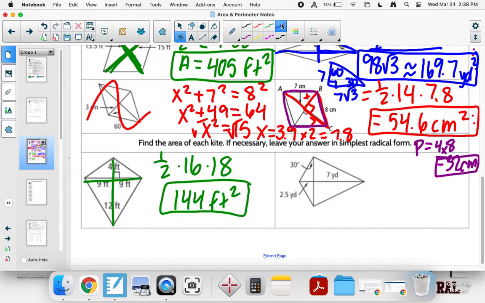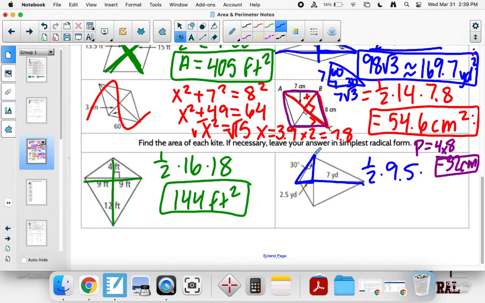And the last one. Do I know one of my entire diagonals? Yes. How much is it? 9.5, so you have half times 9.5 times, we have our friend again. Top angle's 30, so our short leg's 2.5.